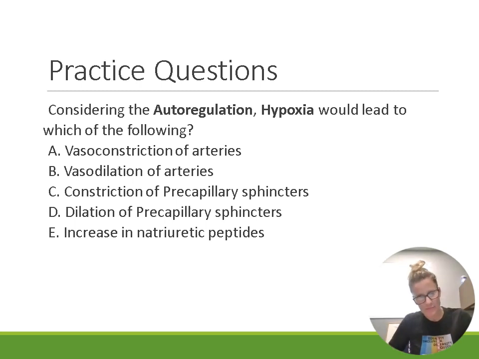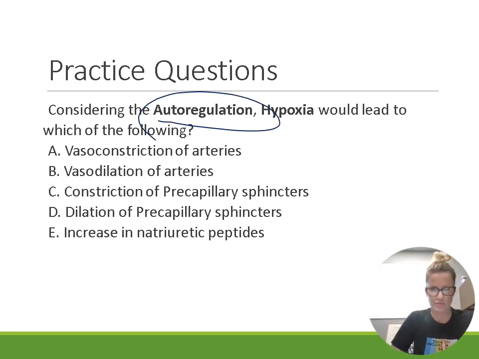Okay, last one. Concerning autoregulation. Hypoxia would lead to which of the following? So again, I bolded autoregulation. This is that small self-regulation that happens within the tissue, in one little capillary bed.